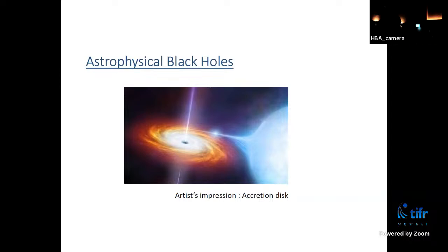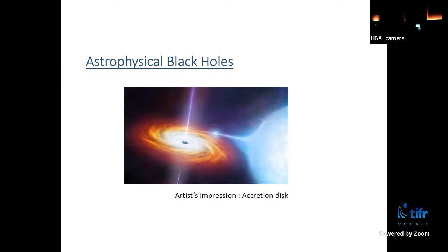Here is a star, and this black hole is pulling the gas, or the matter, of the star towards itself. Now, since this incoming matter will have some angular momentum, it doesn't fall radially inside directly, but has a tangential component and rotates before spiraling inside.